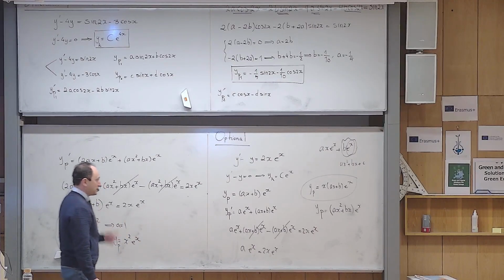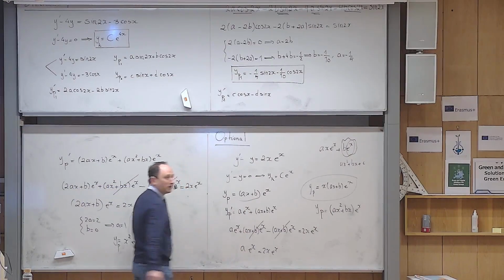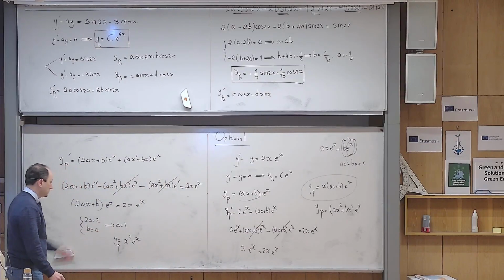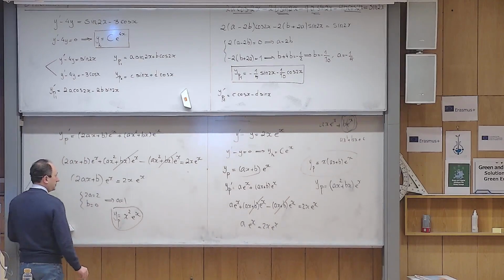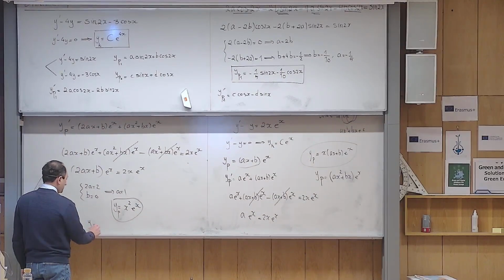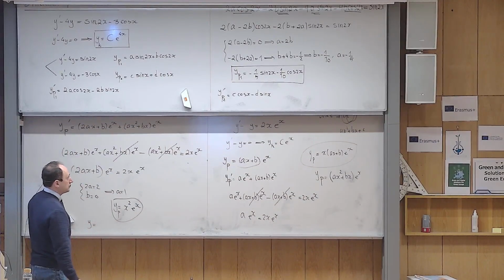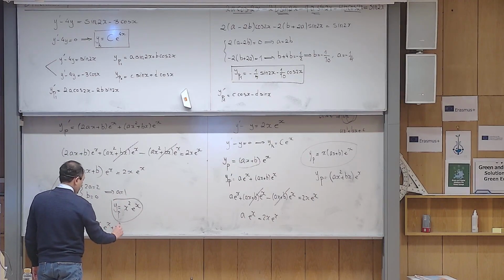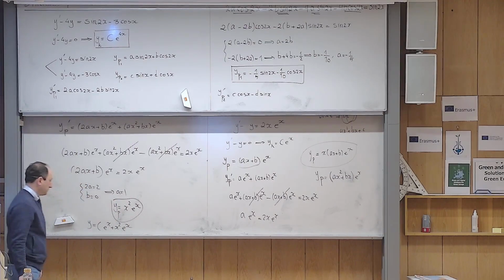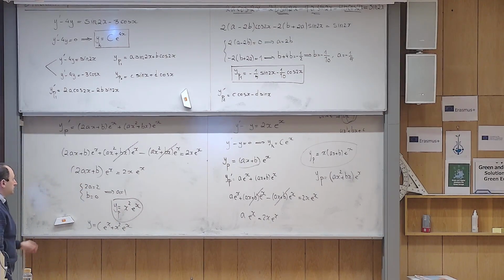The first guess was it should be a first degree polynomial. It didn't work. But this is y p. Yes? And then the answer will be the general solution, which is c e to the x plus x squared e to the x. This is the solution of this differential equation.